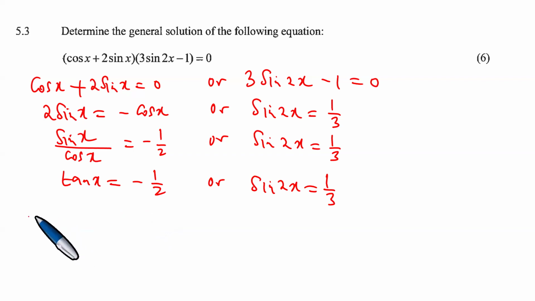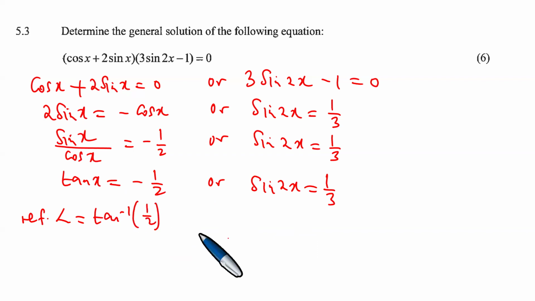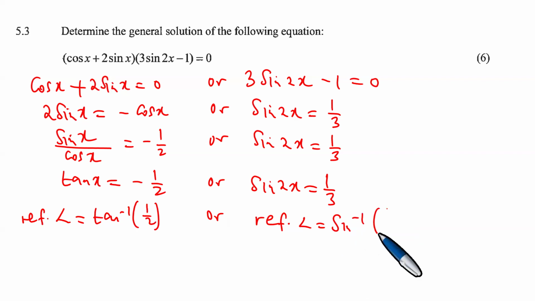At this point, we proceed to get what we call the reference angle. Because we have these trigonometric equations, we need to always get reference angles. The reference angle is obtained by getting the arctangent of the positive, always the positive, value, or we find the reference angle of the equation on the far right, which is the arcsine of 1/3.